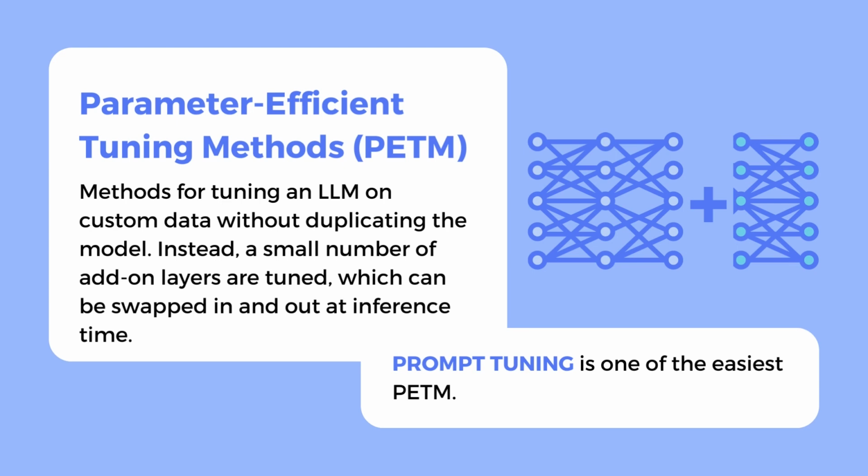Figuring out the best way to do this is still a hot topic among researchers. But the key takeaway here is that PETM is like a shortcut. It helps us avoid the need to retrain the entire model, saving us time, effort, and resources. Plus, it even simplifies the process of using these models later on, as we just use the base model and add on our extra bits.